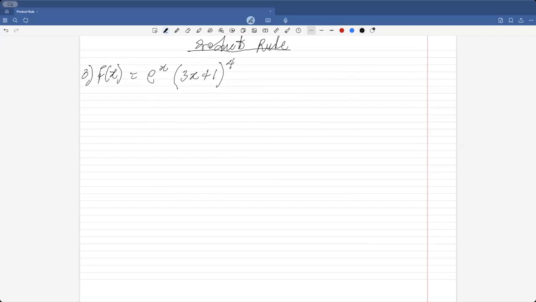So this is a bit different. So as usual, we call this f(x) and we call this g(x).